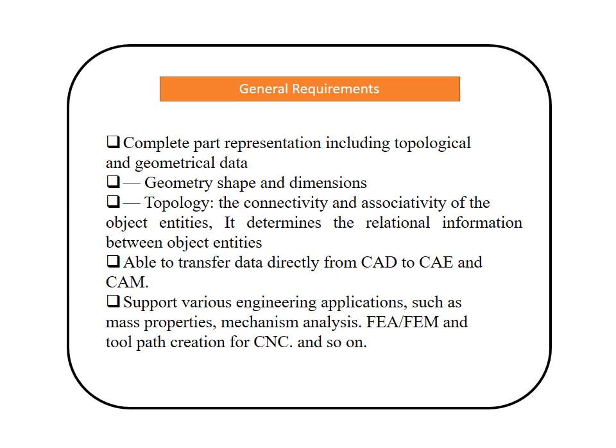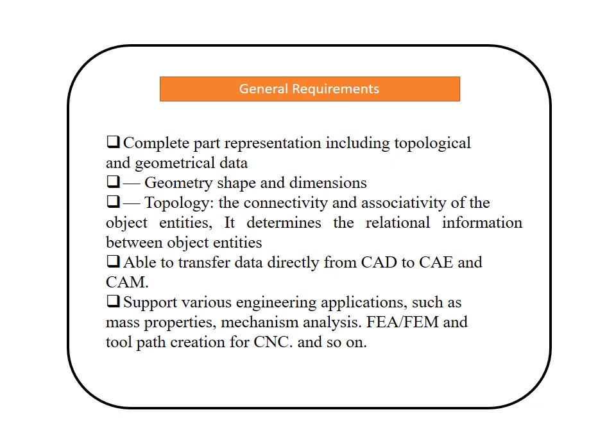General requirements of geometric modeling. It requires complete part representation, which includes topological and geometrical data. Here a part representation is nothing but a 3D model of an object. An object may be whatever: a mobile, pen, light, laptop, whatever.